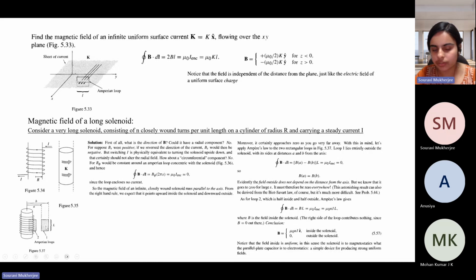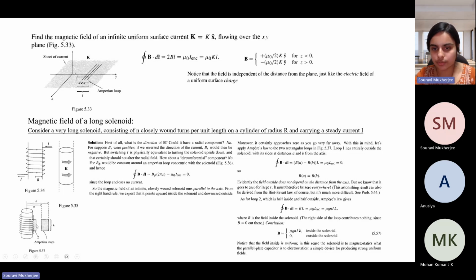But as you can see, this loop encloses no current, right? So this tells you that the field outside does not depend on the distance from the axis, and they are equal, right? But we also know that very far from the solenoid, the field should go to 0. So this tells you that B_A equal to B_B should be equal to 0 when these points A and B are outside the solenoid.